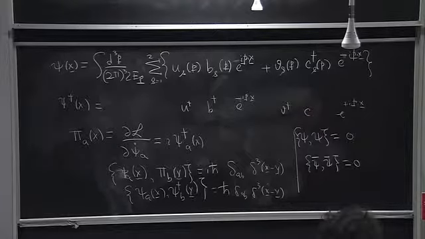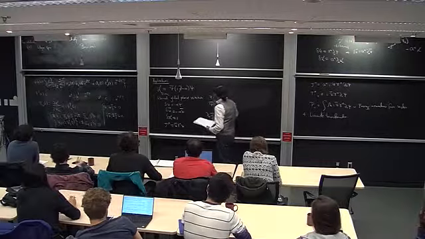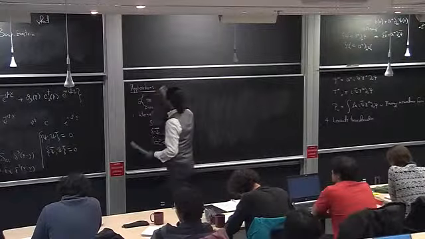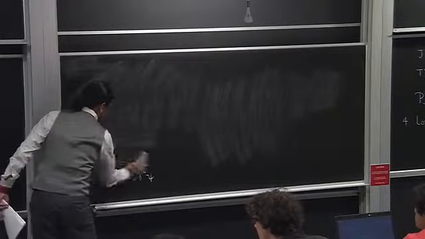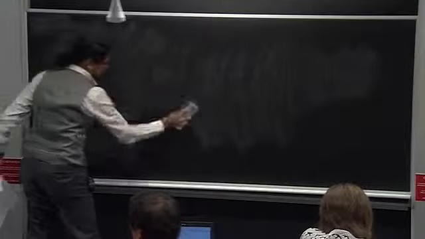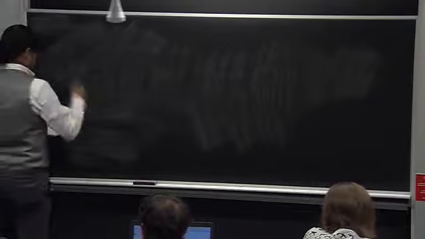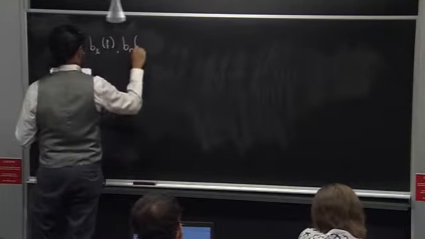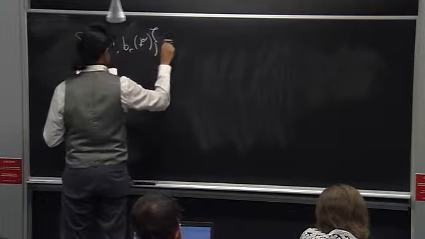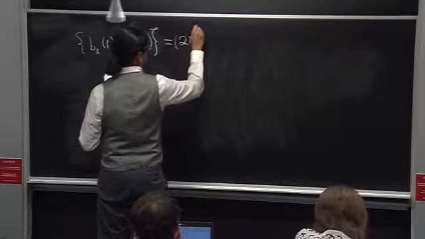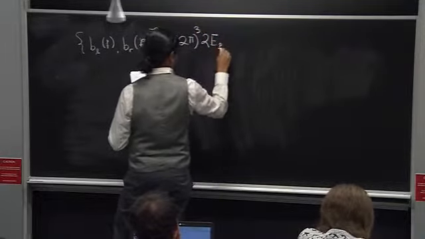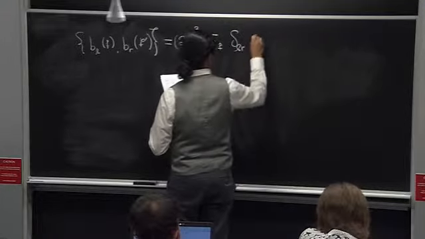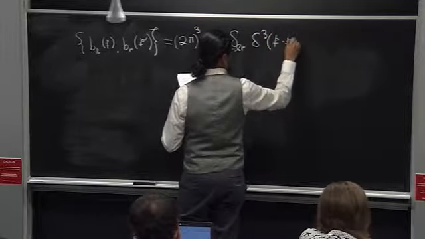And then there is about a page of algebra where you use some properties of the classical spinors, do some relabeling, do some delta function integrals, then show that these things imply that B^s_p, B^r†_p', their anticommutator is (2π)^3 2E_p δ^{sr} δ^3(p minus p').